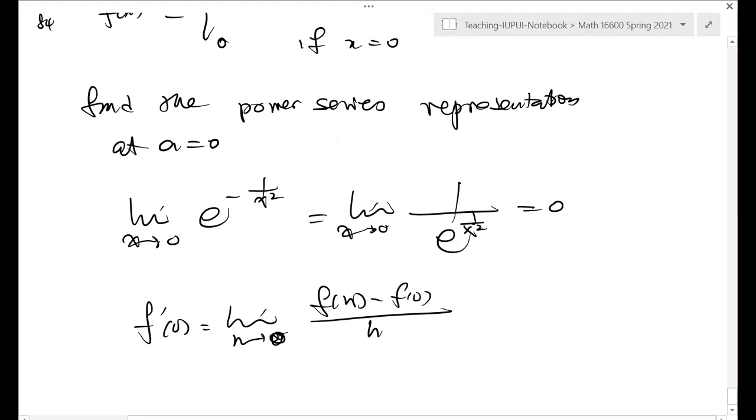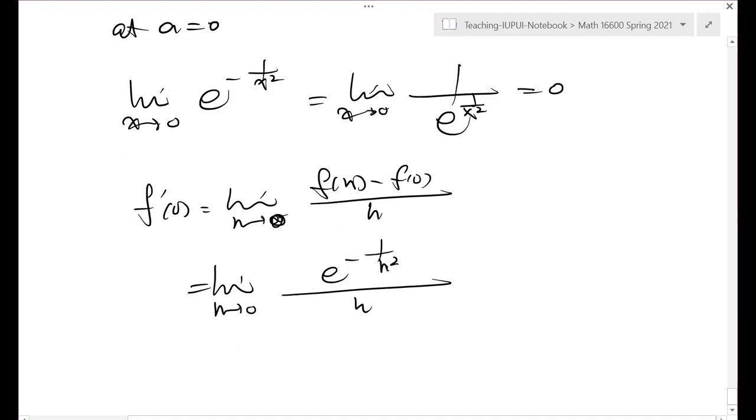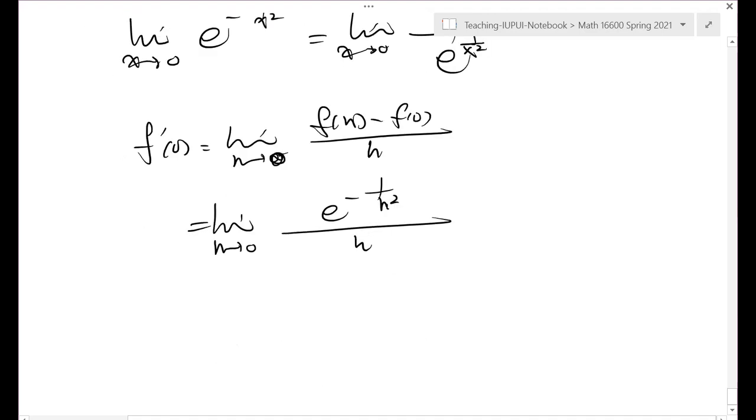So that is going to be the limit as h approaches 0 of e to the negative 1 over h squared, divided by h. You can use L'Hopital's rule to find the derivative.